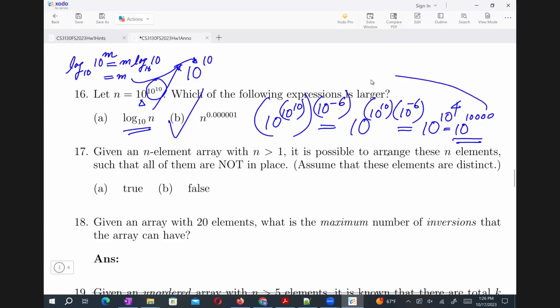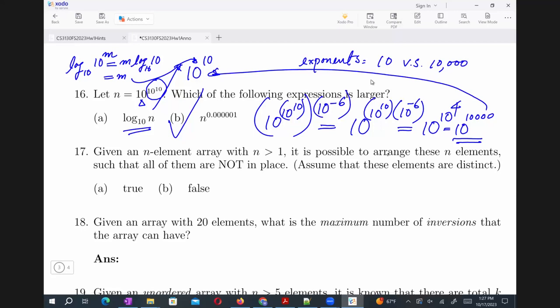Compare with 10 to the 10. If you only compare the exponent numbers, 10 versus 10,000, which one is bigger?